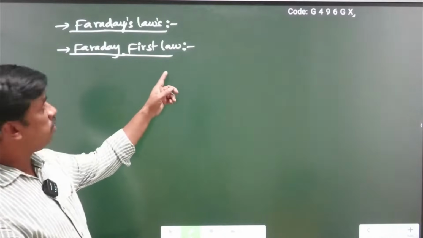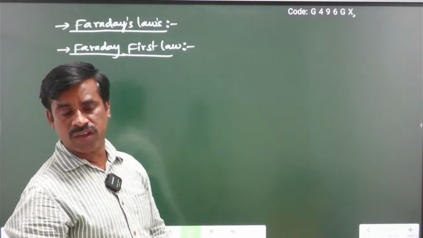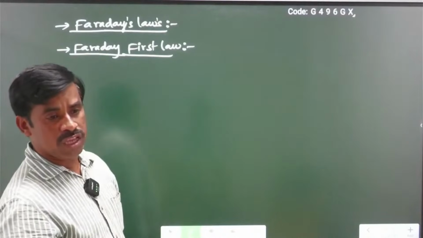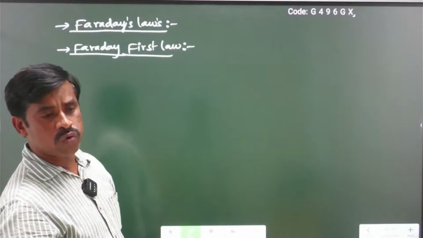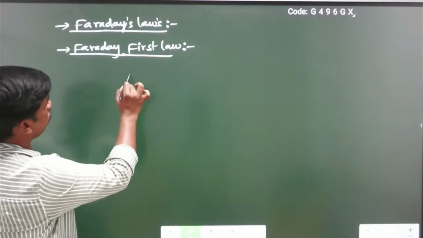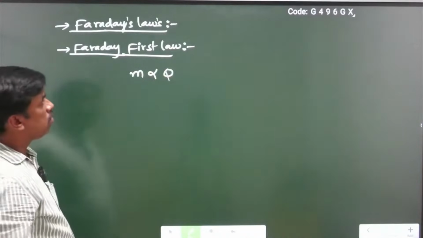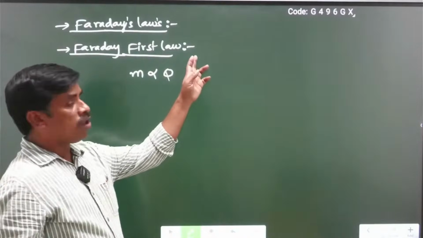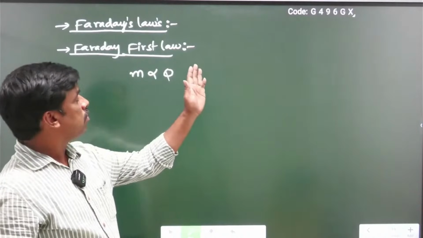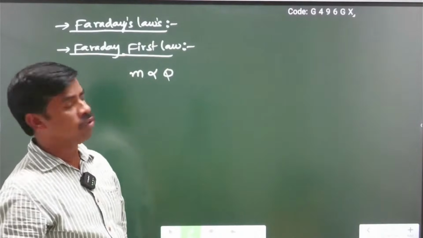Once again, the mass of substance is directly proportional to the quantity of electricity Q.